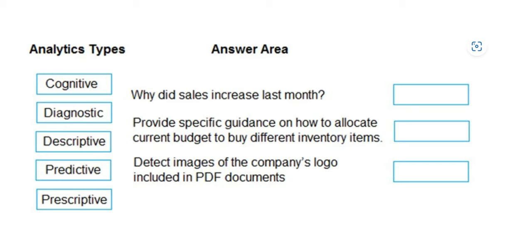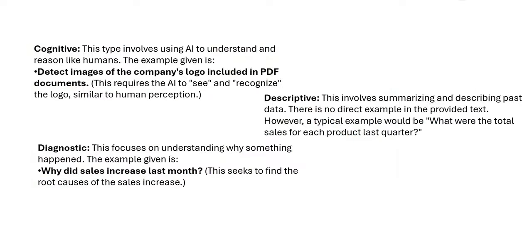So this is the next question where we have to map. You have the questions and we have to map the answers. First, let us understand what each key element means. For example, cognitive. When a baby is born and is growing up, it develops cognitive abilities.